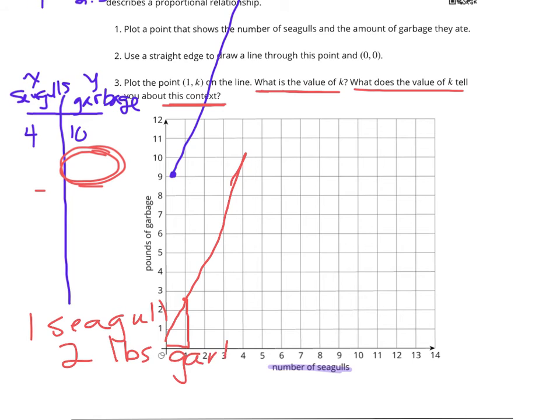So those numbers mean something to the graph. 2 seagulls would eat 5 pounds of garbage. 3 seagulls would eat 7.5 pounds of garbage. Those numbers all mean something in context.